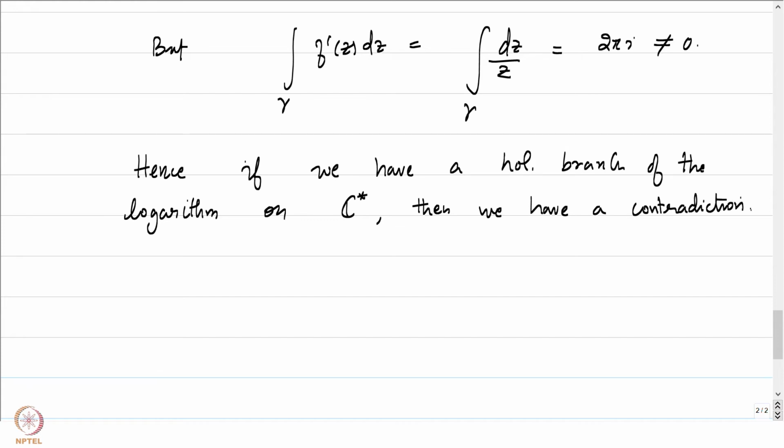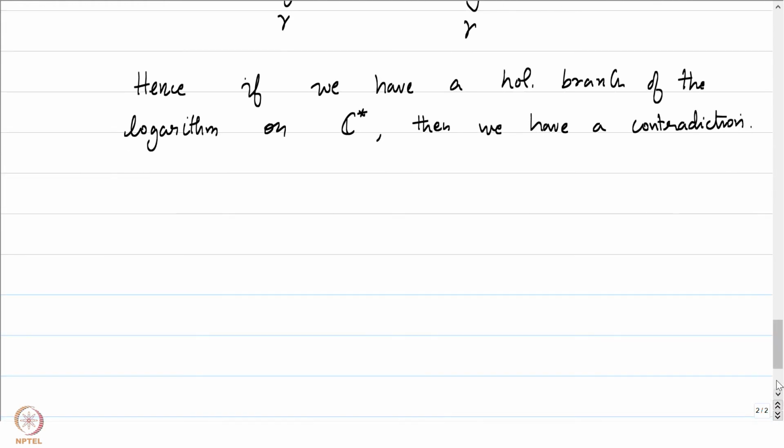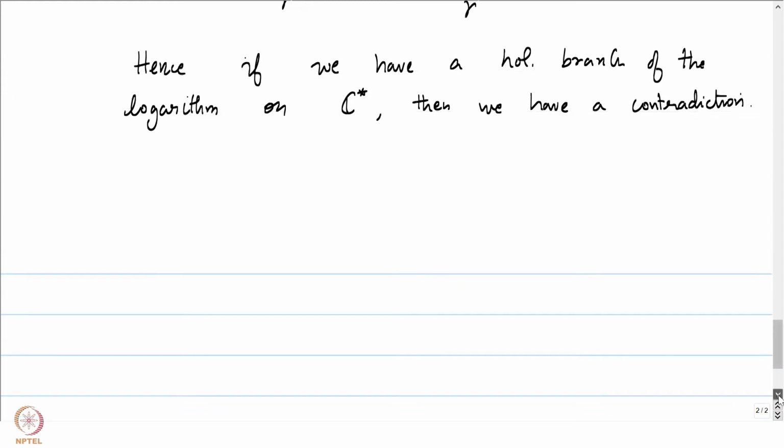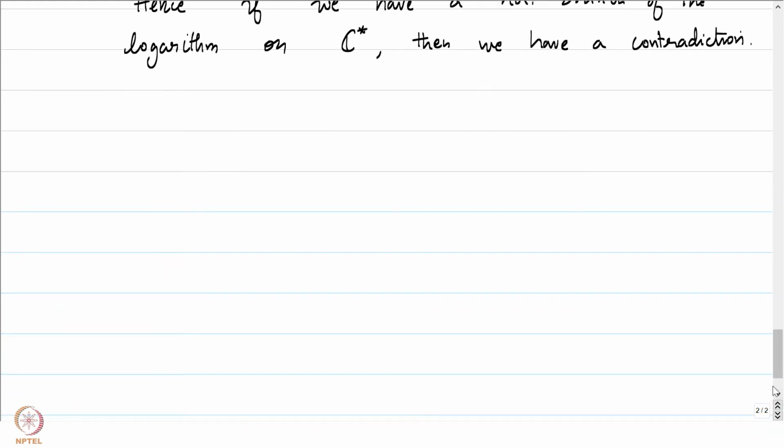As a conclusion, we will not be able to get hold of a branch of a logarithm on C star which is holomorphic as well. We will certainly be able to define some branch by picking one element from the pre-image of every point. However, we cannot arrange for such a branch to be holomorphic. That's what we just noticed.